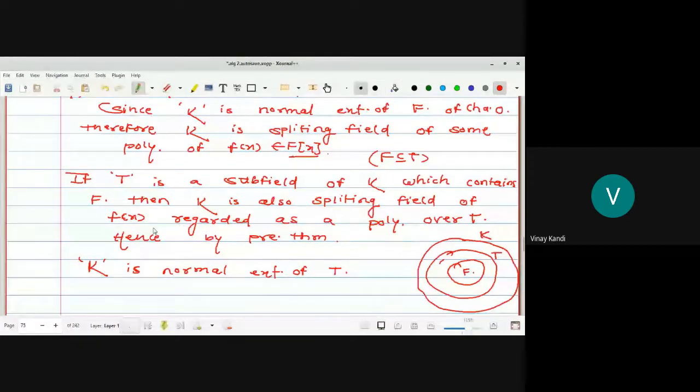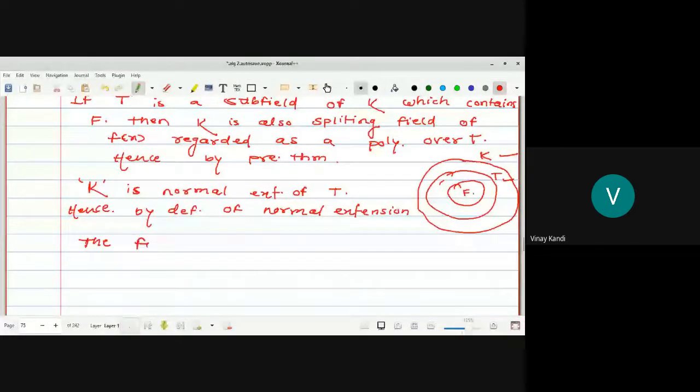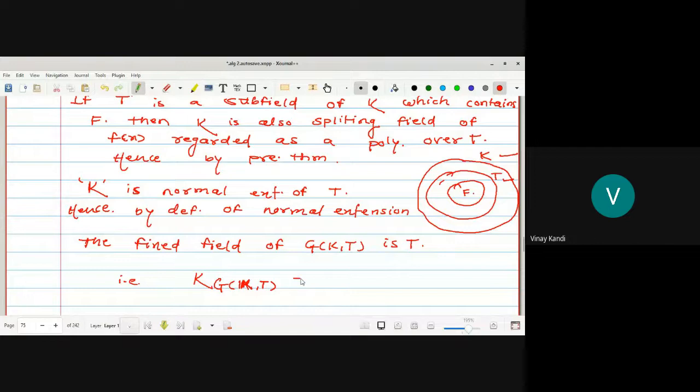That means now this K is a normal extension of T. Hence, by the definition of normal extension, the fixed field of GKT is this T. This is the meaning: the fixed field of GKT is equal to what? T. Okay, any doubt up to here?